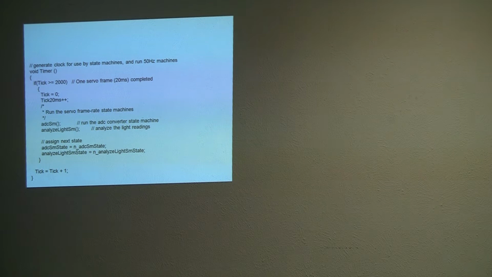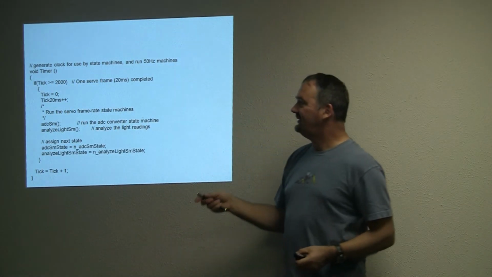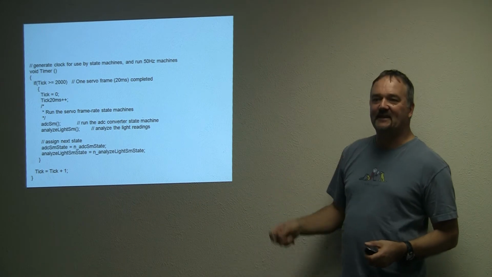It just goes around in a circle from turning the LED on, to measuring light with the ADC, and then turning the LED off, to the next one, which turns the LED back on again, and then the next tick goes around and measures the light. So it's about a 4 or 5 state machine.